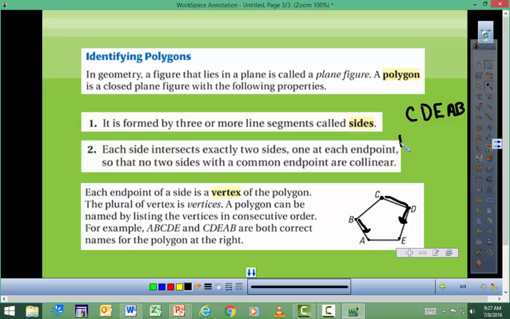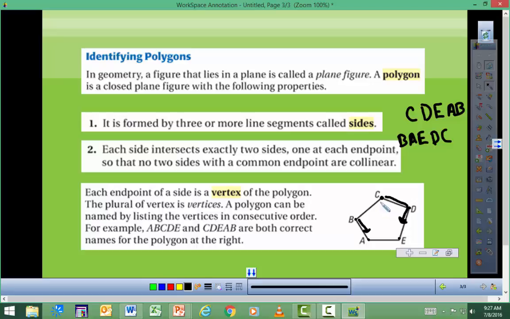I could have called this B, A, E, D, C. And so you might imagine there's a whole bunch of different names we could have called this, as long as we go clockwise or counterclockwise.